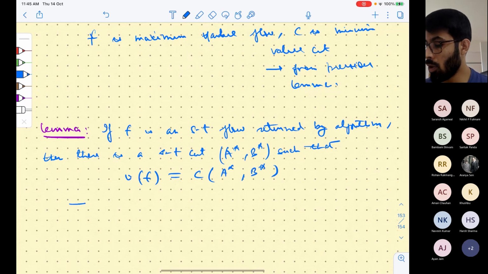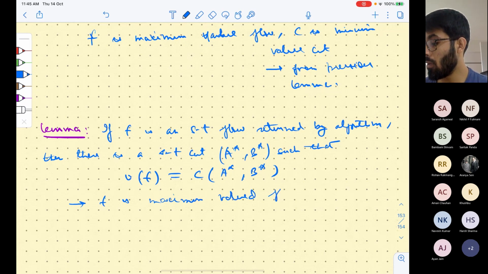Okay. So F is a maximum flow, and A star B star is a minimum valued cut.